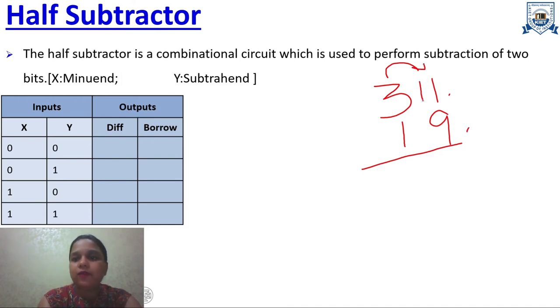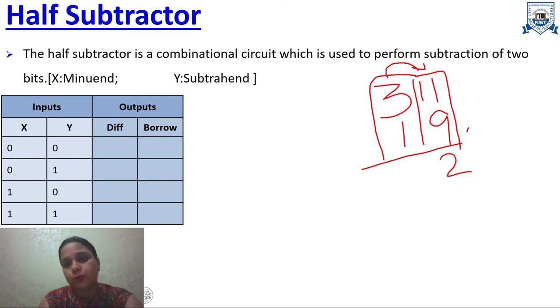So this 1 will be here and this portion will be 11 minus 9 and the result will be 2. But at this side we must tell that we have taken a borrow. Now 1 has been taken as borrow from this side.